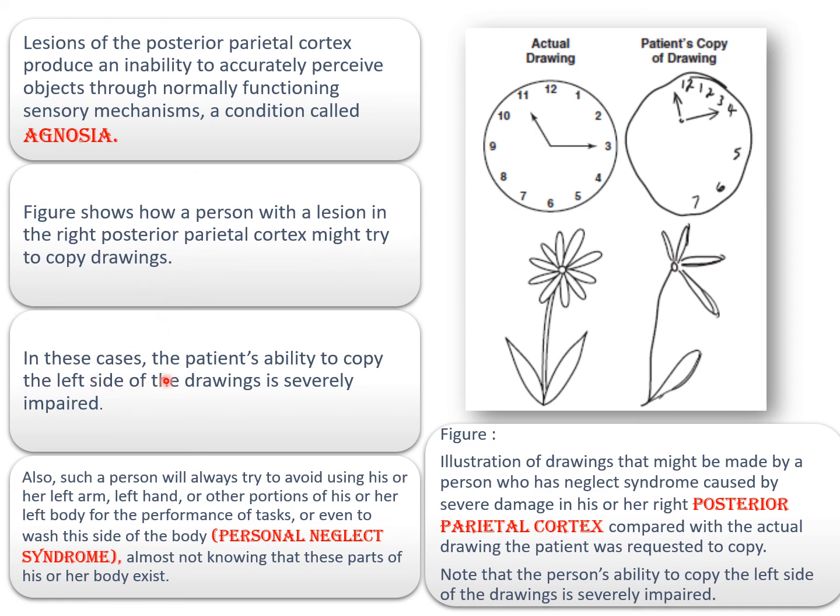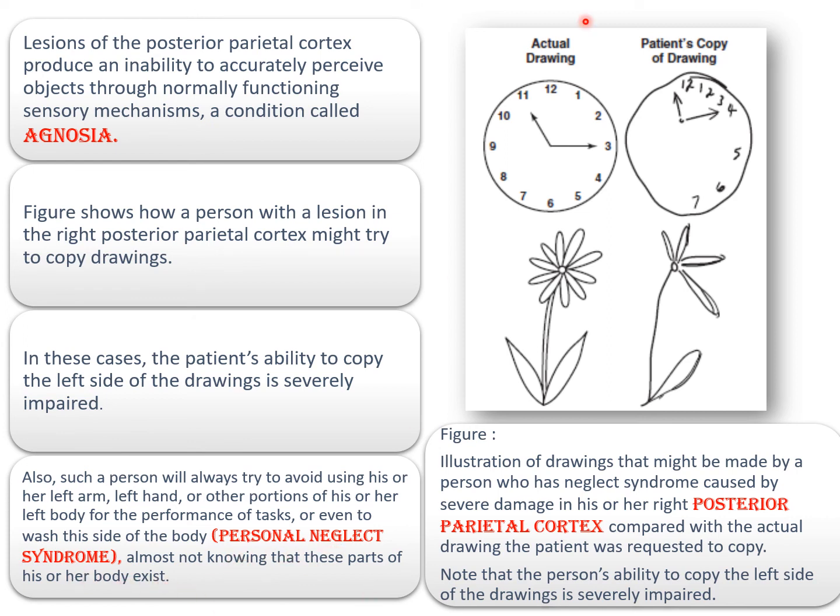In these cases, the patient's ability to copy the left side of the drawing is severely impaired, and such a person will always try to avoid using his or her left arm, left hand or other portion of the left body for the performance of a task, or even to wash this side of the body, almost not knowing that these parts of the body exist, and that is known as personal neglect syndrome.